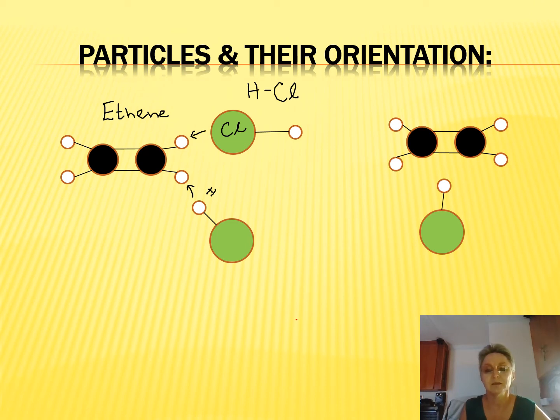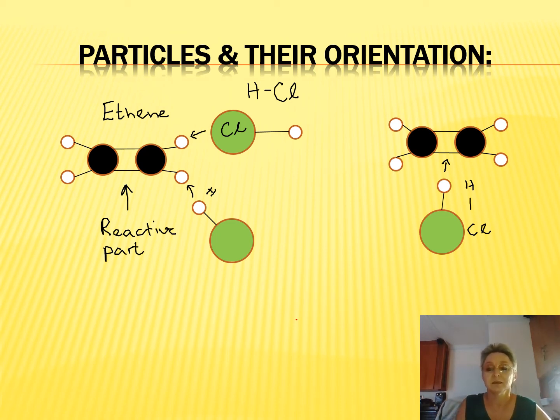Now ethene is reactive. The double bond is the reactive part of the molecule. If the hydrogen chloride attacks the double bond, then the double bond will break, forming a single bond, and you can have an addition reaction there.